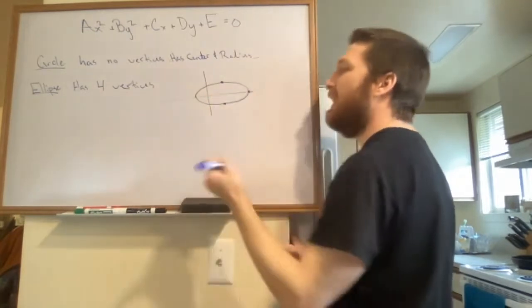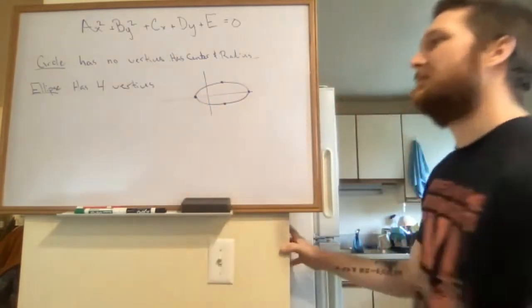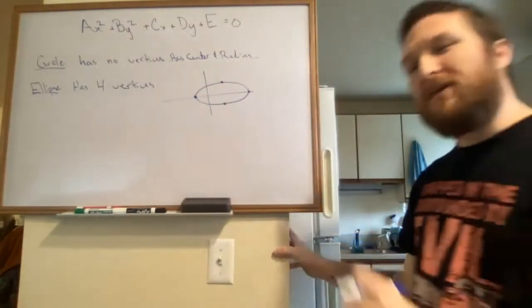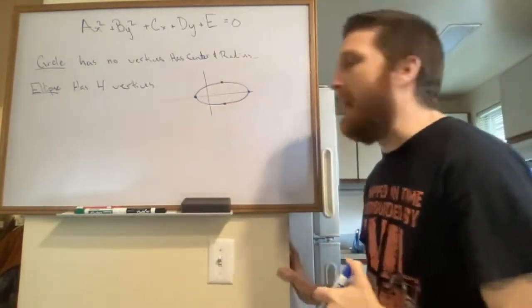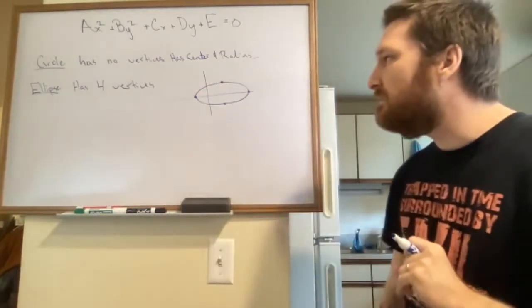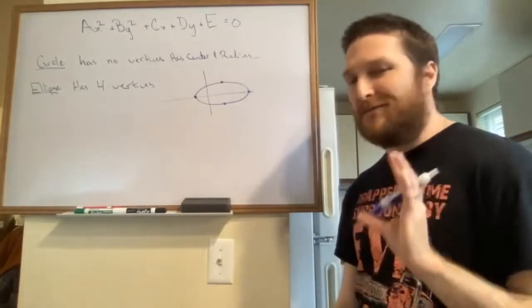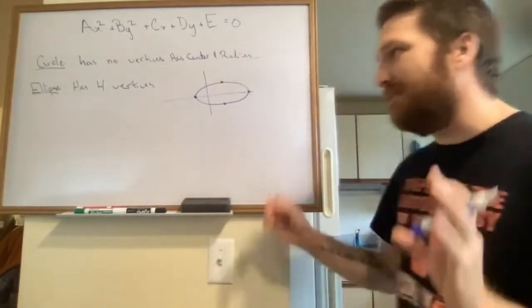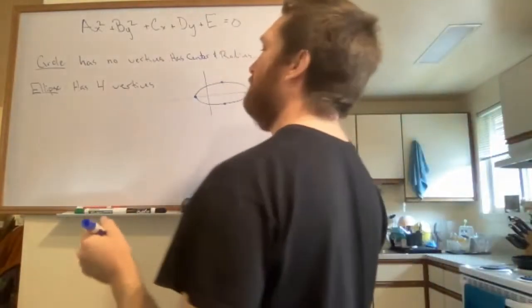The farthest right is one of the vertices, and the farthest left is one of the vertices. I don't know if we explicitly stated that, but let's just get this out right now. So an ellipse has 4 vertices. It also has foci, which we don't care about. We're not going to worry about them. There's a nifty formula you could look up to find them. It's not really that important right now.